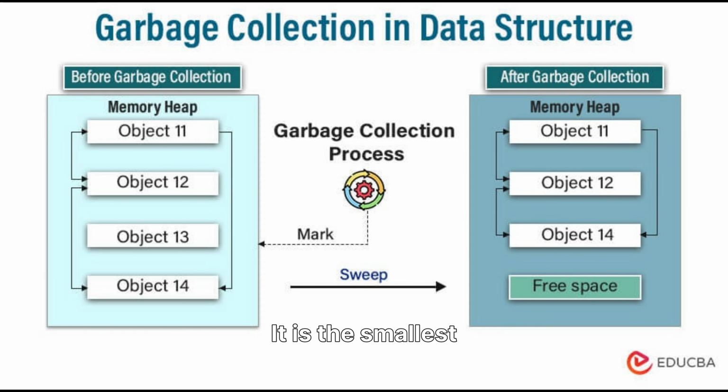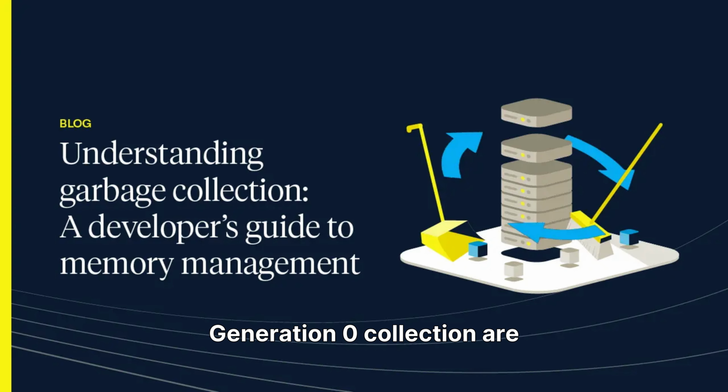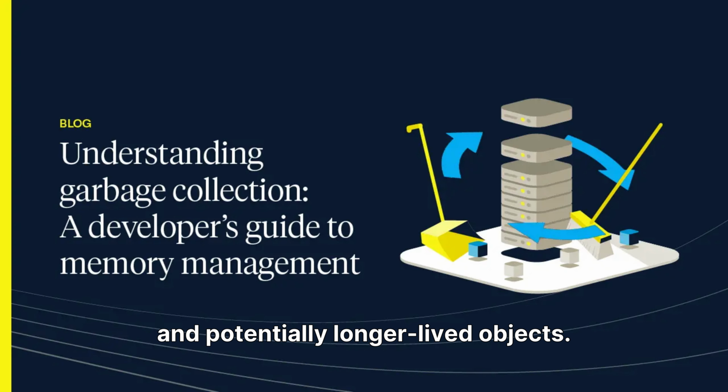It is the smallest and most frequently collected generation because most objects become unreferenced very quickly after creation, making its collection highly efficient. Objects that survive a Generation 0 collection are then promoted to Generation 1, indicating they have a slightly longer lifespan. This promotion helps the GC differentiate between short-lived and potentially longer-lived objects.